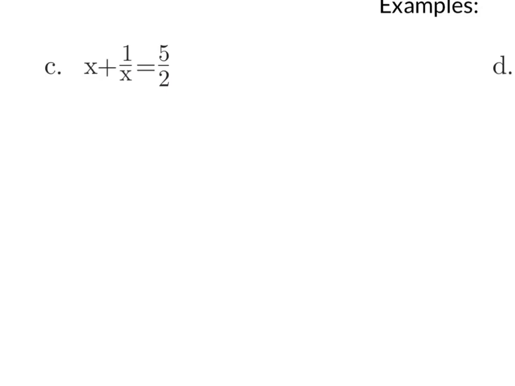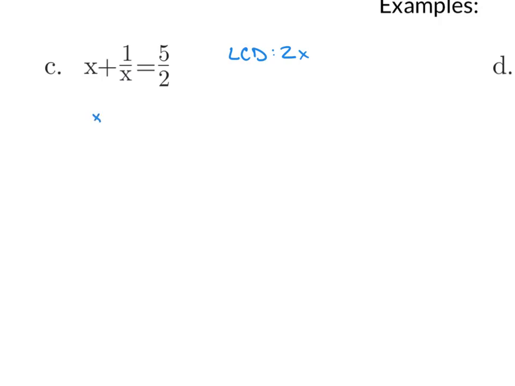All right, so what is my LCD going to be for all terms? My denominators, I have a 2 and an x, so that will be my LCD. Now we do want to be very careful on this one, because if we notice that first term, x, is not in the denominator.